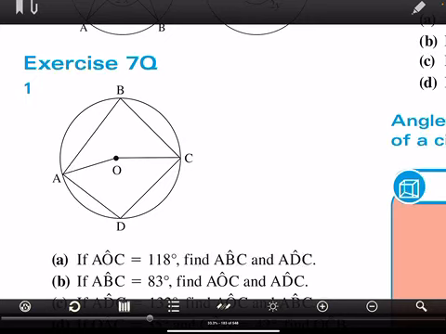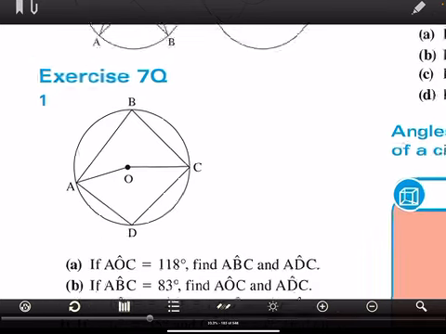I have 2 points on the arc extending to the center, and those 2 same points extending to the arc. So if this is 83, O is double that 83. Meaning 83 multiplied by 2, 166. That is the angle of AOC.